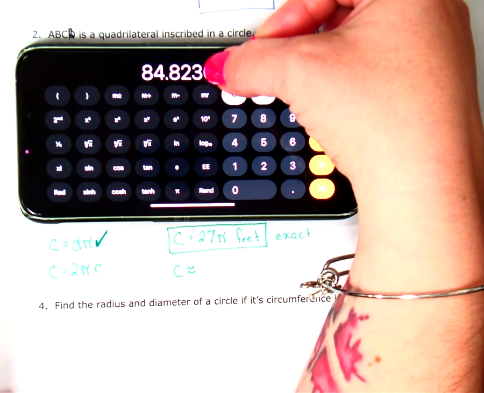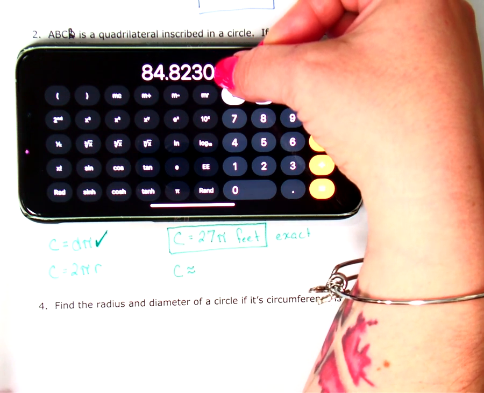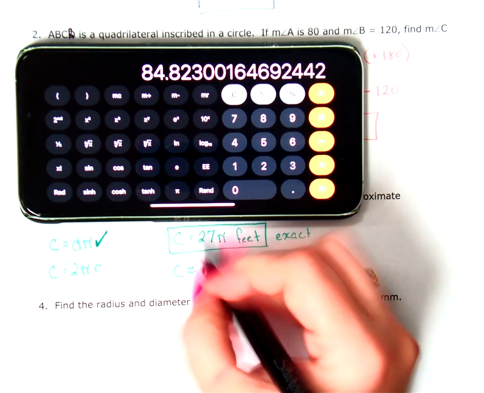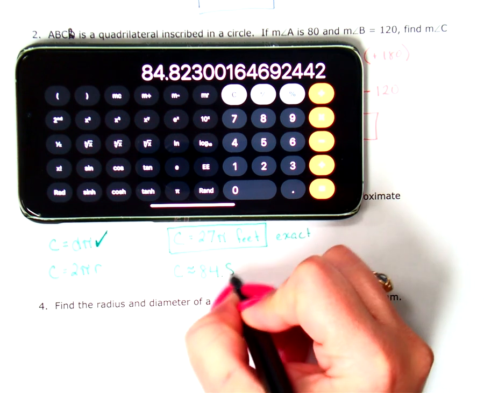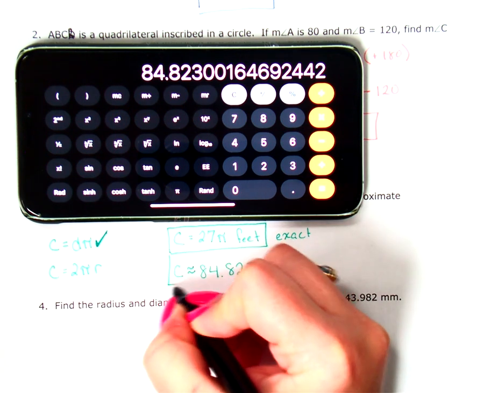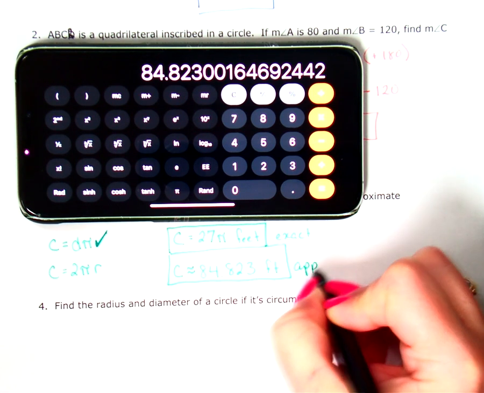When I hit enter, I want to round to 3 places. So I'm going to cover 3 places after the decimal, 823, and then look after that and see it's a 0, so I'm not going to round up. So it's going to be 84.823 feet. This is the approximate answer.